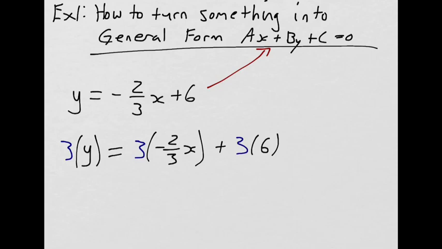Alright? The algebraic principle that allows us to do that is whatever you do to one side, you have to do to the other. Okay? So if we multiply an entire side by 3, we have to do that to the other side to maintain equality. If we only multiplied one side by 3, we'd be changing the entire structure of the equation and the graph.